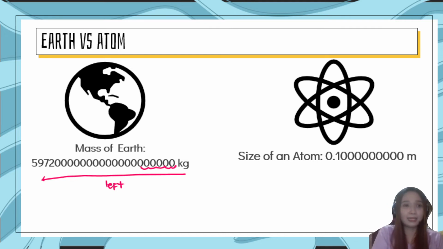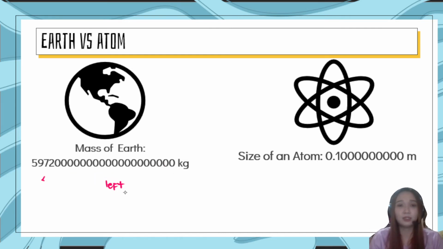Okay, ulitin natin. So, para sabay-sabay tayo magbilang, bibilangin nyo kung ilang beses kayo nag-move ng decimal point. Okay, so 1, 2, 3, 4, 5, 6, 7, 8, 9, 10, 11, 12, 13, 14, 15, 16, 17, 18, 19, 20, 21, then 22. Kung tama ba? Okay?